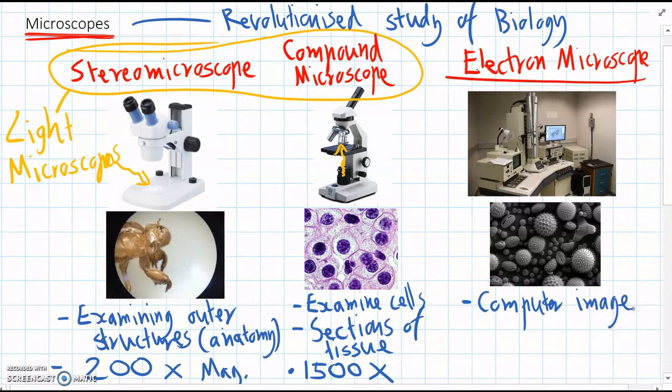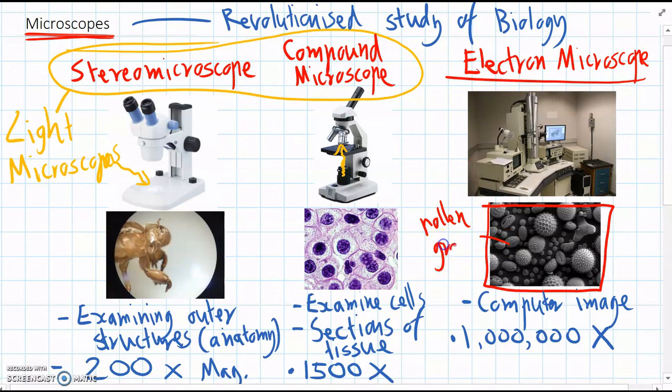But these are much more powerful technologies, and they can zoom in by 1,000,000 times. So we can see 1,000,000 times smaller things with electron microscopes. And we can see here they make some amazing pictures too. These are pollen grains zoomed in.